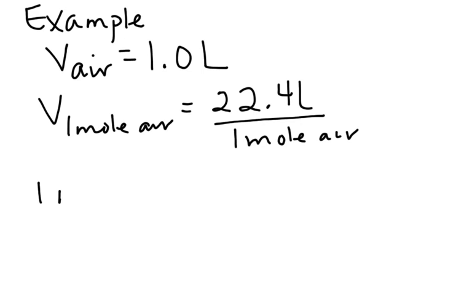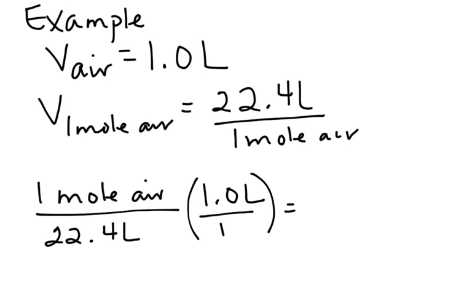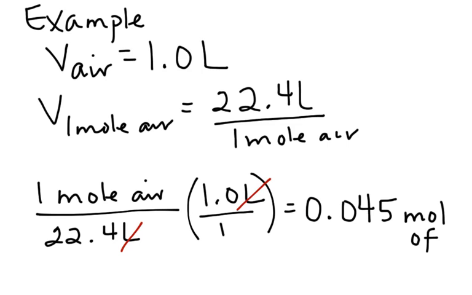So I will write this as, for every 1 mole of air that has a volume of 22.4 liters, I'm going to multiply that by 1 liter that I take in a breath, and the liters will cancel, and I am left with 0.045 moles of air.